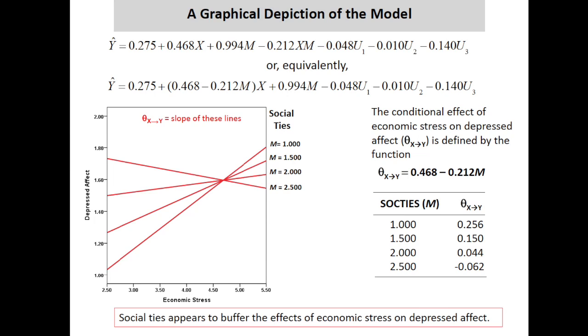Here I plugged in some values of social ties from the data into this function, and you get theta xy for those different values. And those correspond to the slopes of these lines.